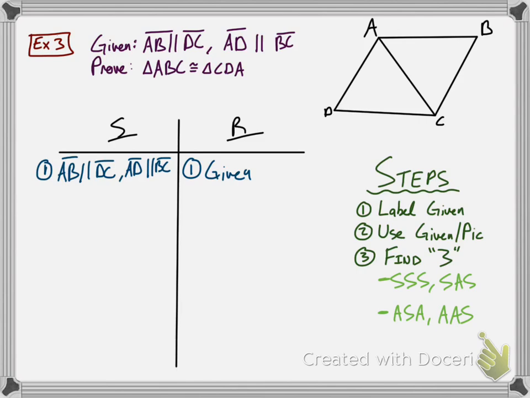So I'm going to put those labels in our diagram here. AB is parallel to DC, as well as AD is parallel to BC.